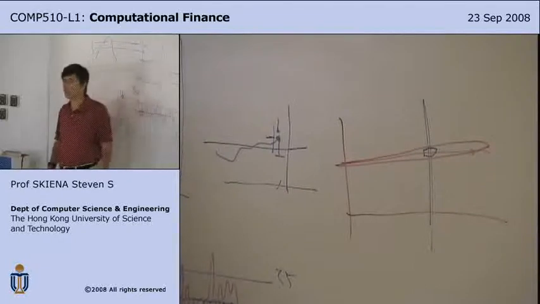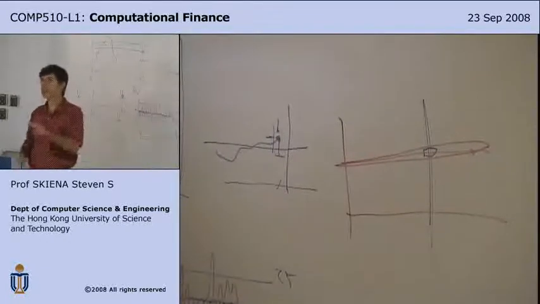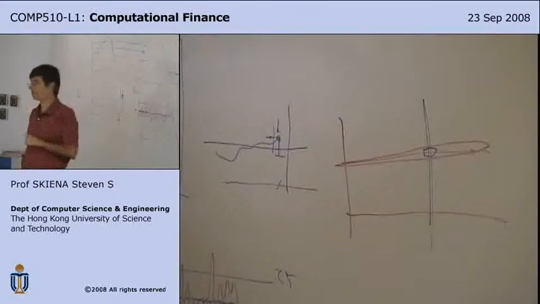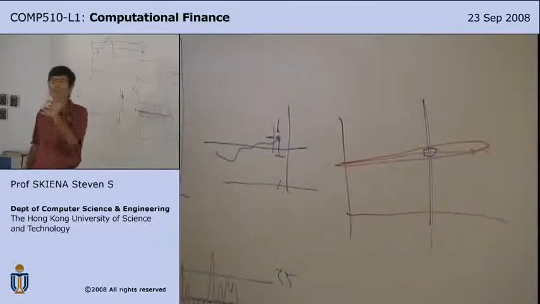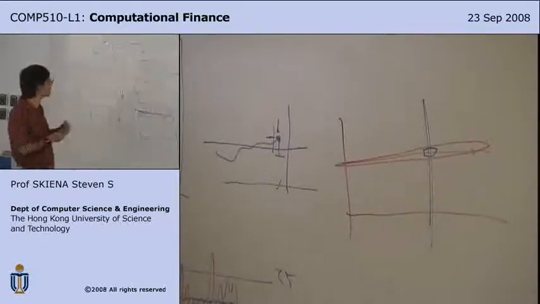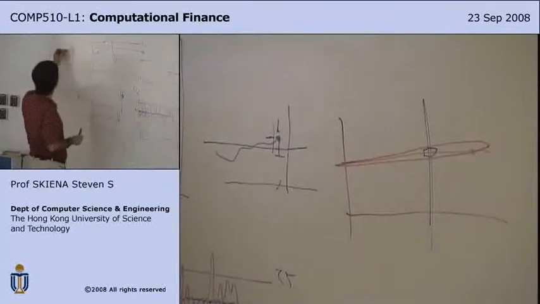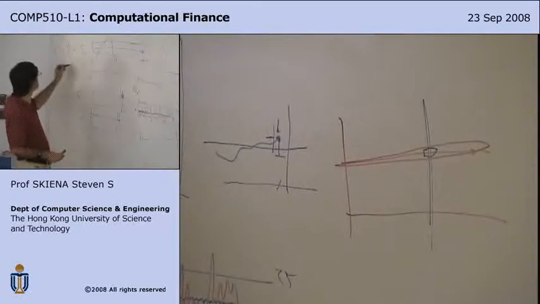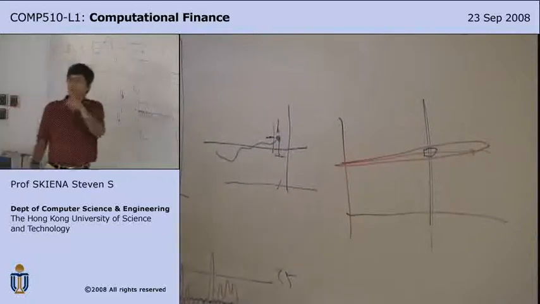So really what that's saying is that on that date, if I decide to buy it, the option plus the cash is equal to a share of stock. If an option plus cash is equal to a share of stock, then by definition the option has to be less than the stock, because we assume cash always has positive value.